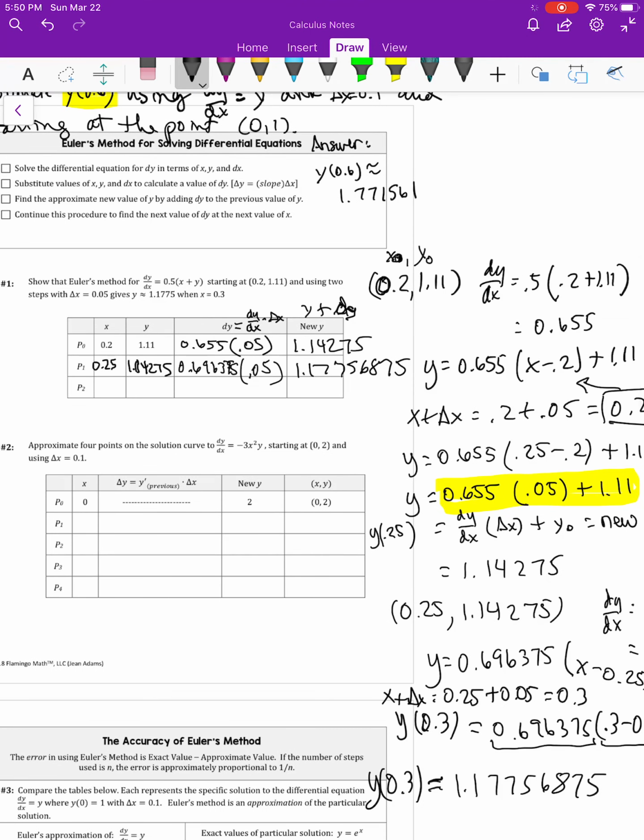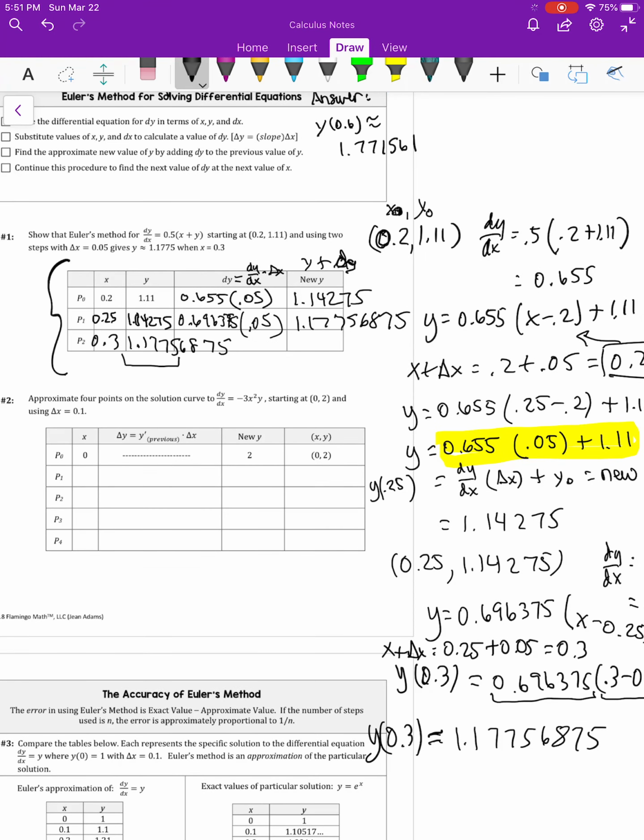And so they're asking you, show that Euler's method starting at 0.2 comma 1.11 and using two steps with delta x equal to 0.05 gives you that y value. If we would have gone to the next one, 1.17756875, that would have been the y value. You would have seen that it was approximately equal to, they truncated it instead of rounding. They just truncated it at the ten thousandths place, but that's fine. Okay, so that is us showing that Euler's method gives you that value when x is 0.3.